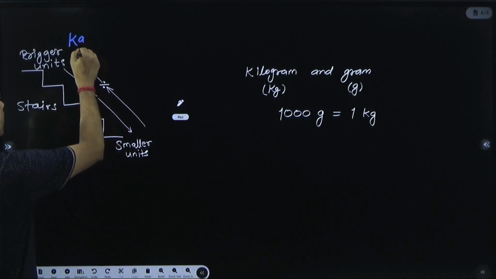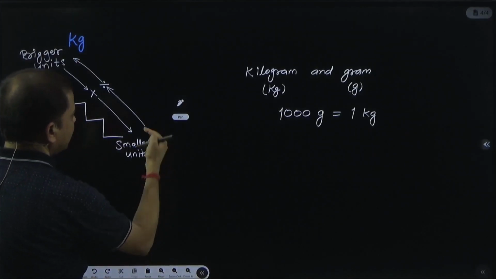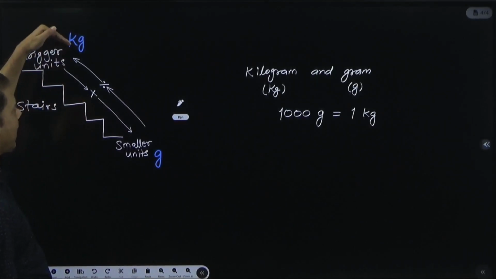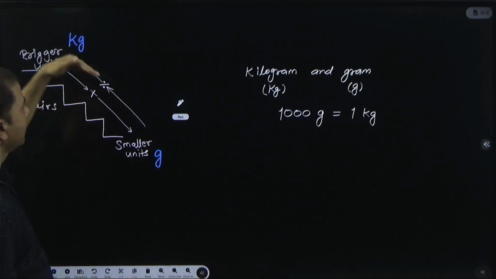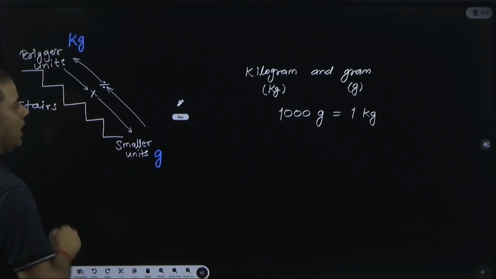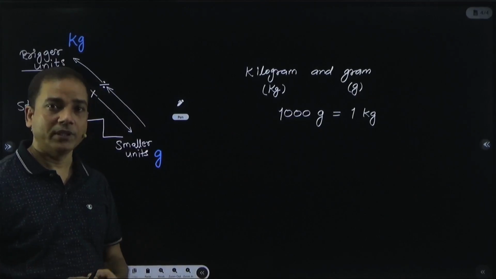Kg goes to top because it's bigger, and gram comes to bottom because it's smaller. Okay, so if you change kilogram to gram, bigger to smaller, what will you do? Multiply. Multiply by what? The number involved in the relation.